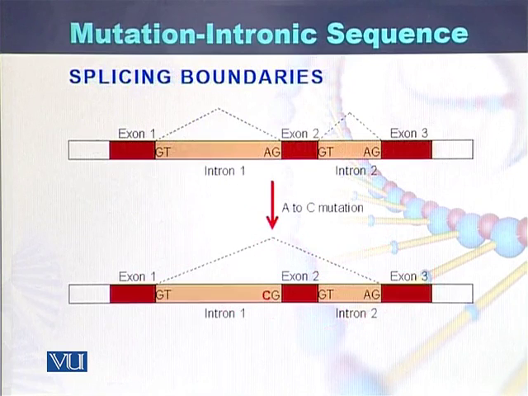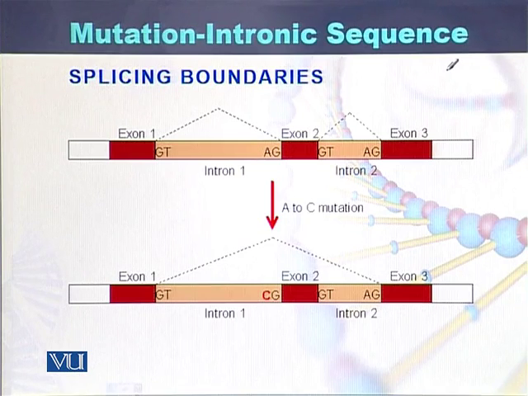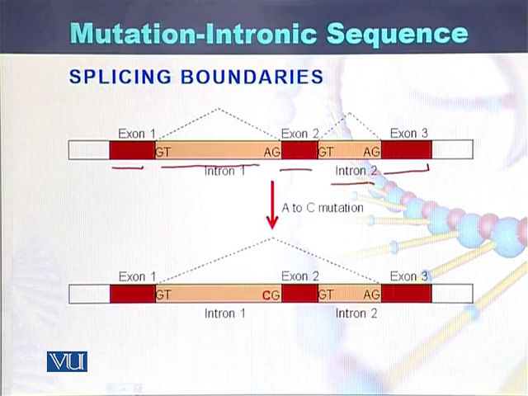What is the meaning of splicing boundaries? This is the diagram of a typical eukaryotic gene. In a eukaryotic gene we see exons, then introns, next exon, next intron, next exon. In the case of coding sequences, the nucleotides are counted only for exons.